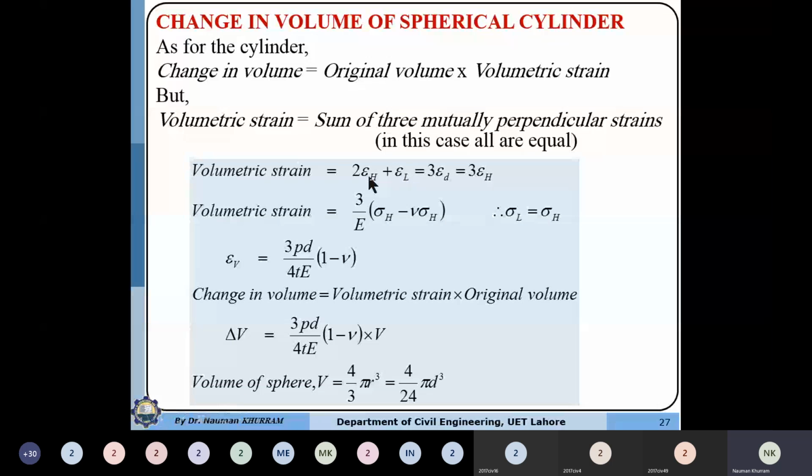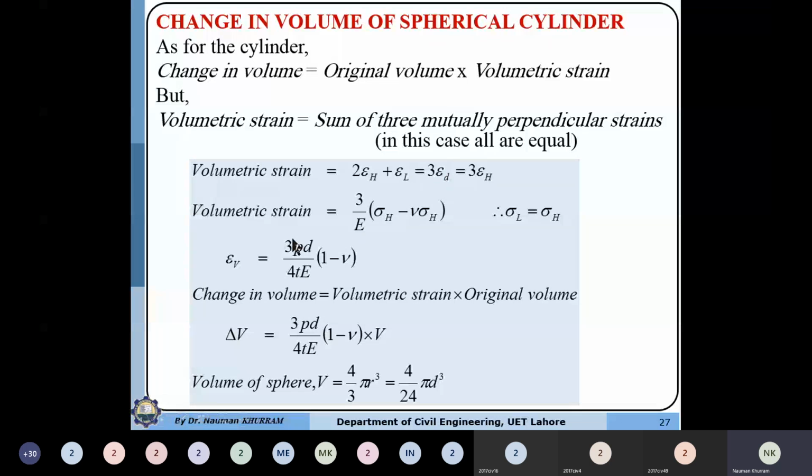So both epsilon h and epsilon l can be replaced with epsilon d, because all dimensions are the same. It means that the volumetric strain will be equal to 3 times the hoop strain or 3 times the diametric strain.